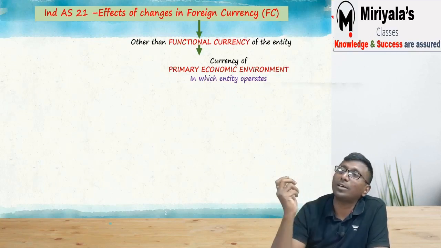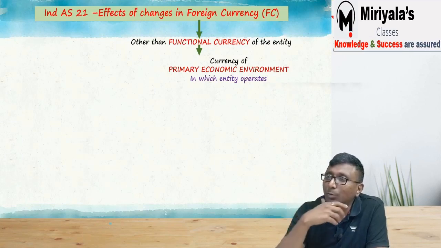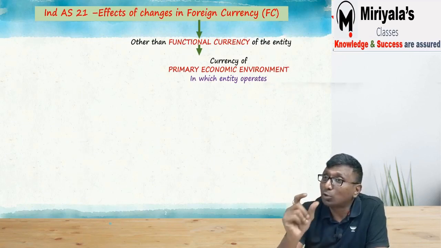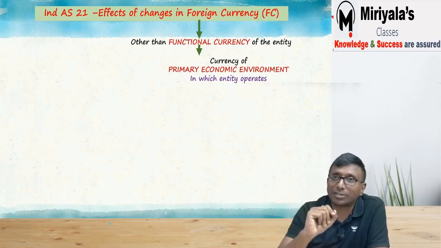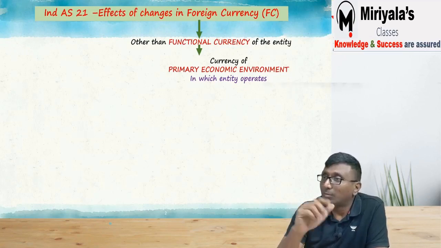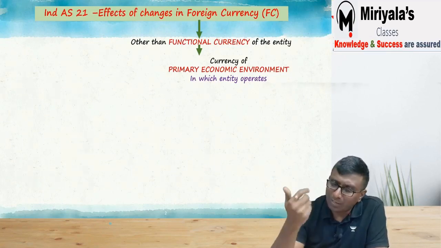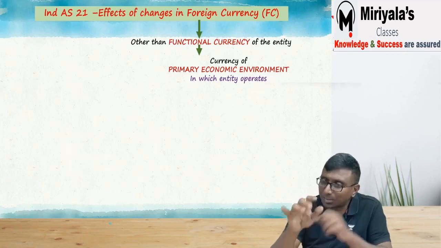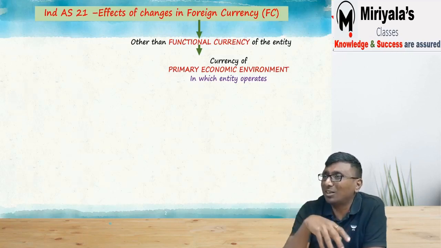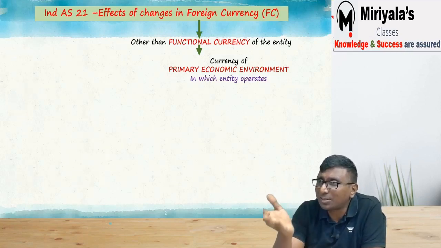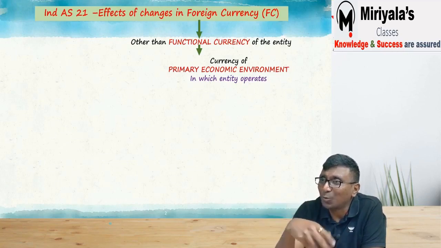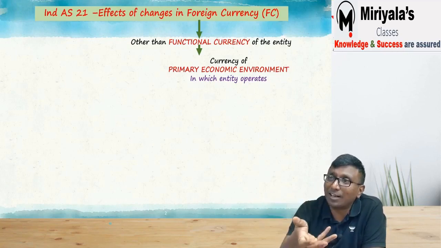But sir, I have to prepare books of accounts in what? Books are different, financial statements are different. Books in Tally, you prepare in dollars. Pass journal entries in dollars. That is better. Tell me, when 90% of your sales are in dollars, would you like to convert every invoice?